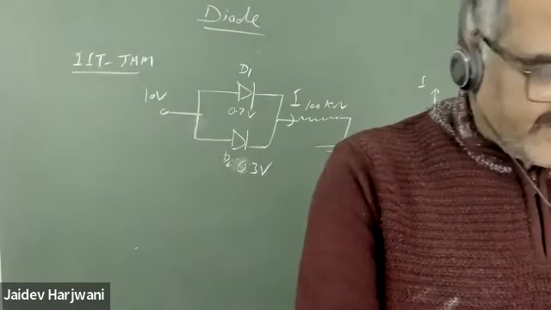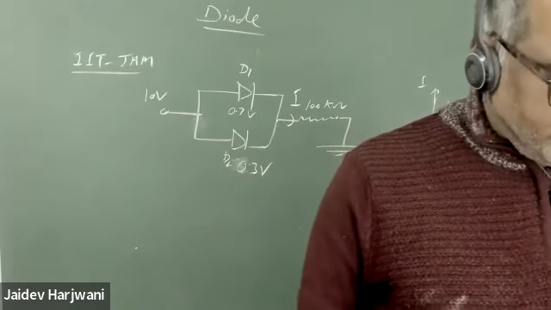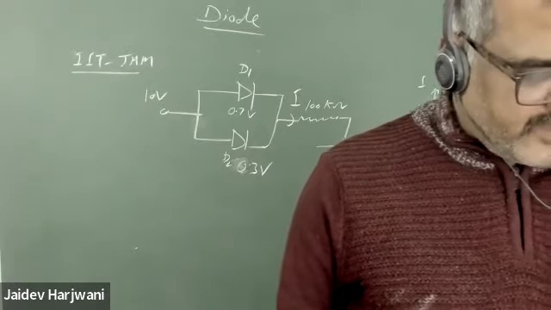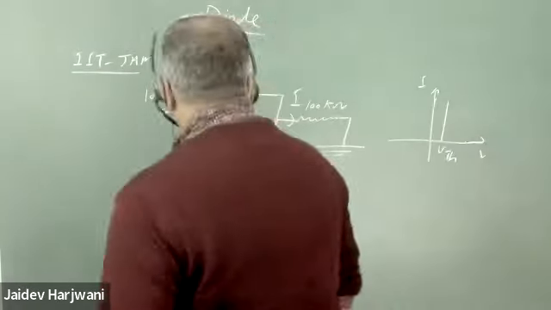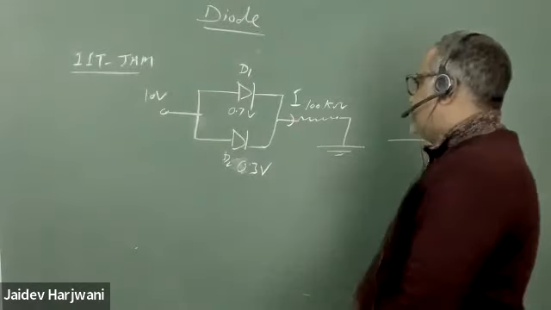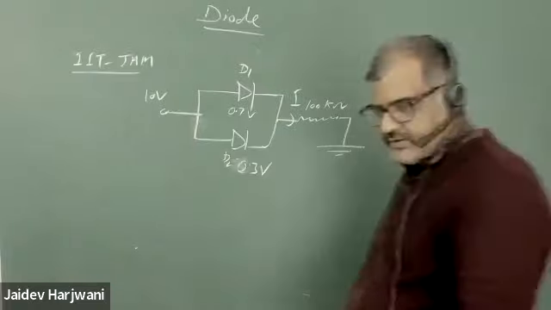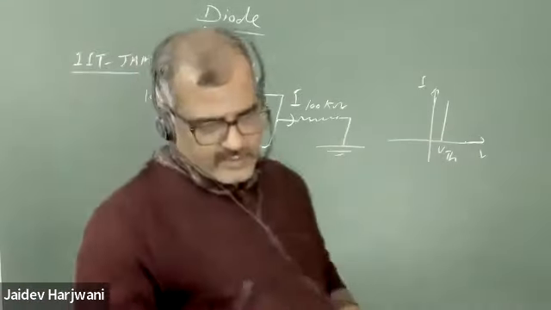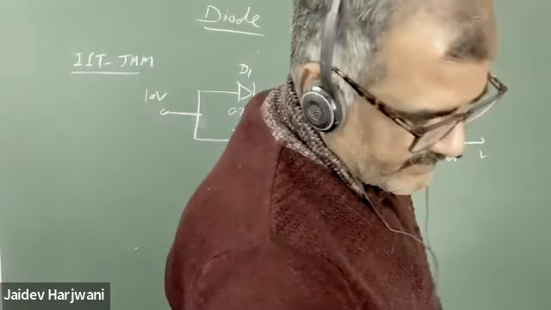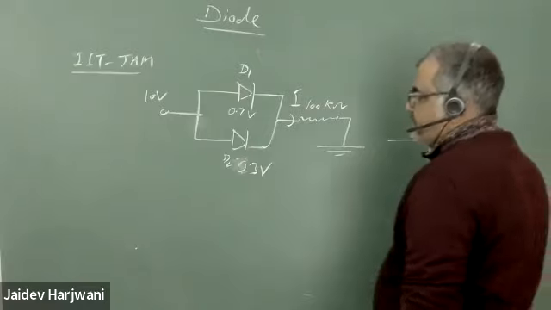Two diodes are connected, both diodes with cutoff voltage given 0.7 and 0.3, and they are asking how much current is flowing in the 100 kilo ohm resistance. This question we have actually done. Sir, 97 microampere? Yes, sir.